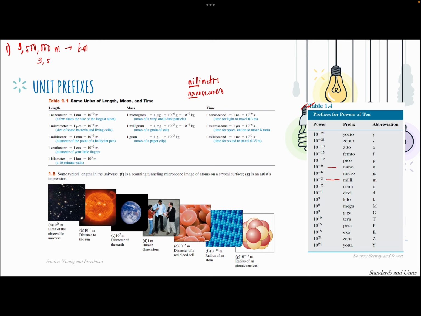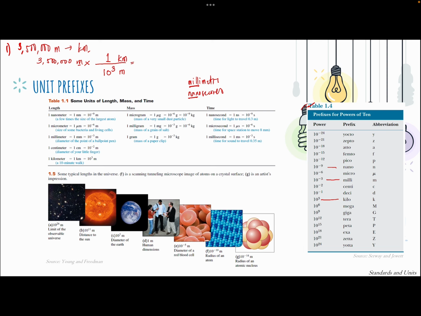Susulat mo lang dito 3,500,000 meters times, yung meters nandito, ilalagay mo siya ngayon sa denominator. Then yung desired na unit, dun sa taas mo siya ilalagay. Then from the table, ilalagay mo ngayon dito sa tabi ng kilometers is 1. Then ang ilalagay mo sa baba, saan ba yung kilo? Kilo is 10 raised to 3. Ito mo ngayon ilalagay yung 10 raised to 3.